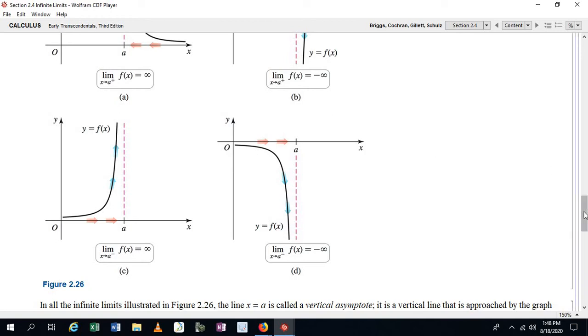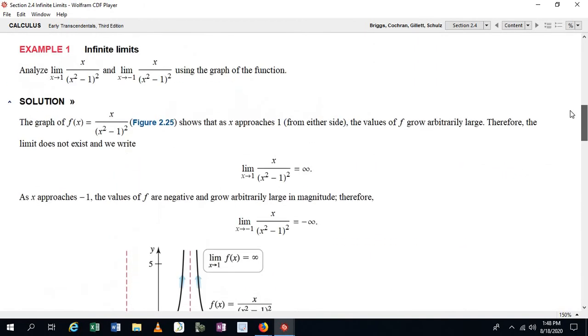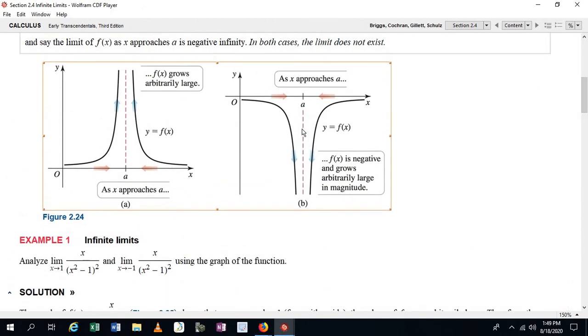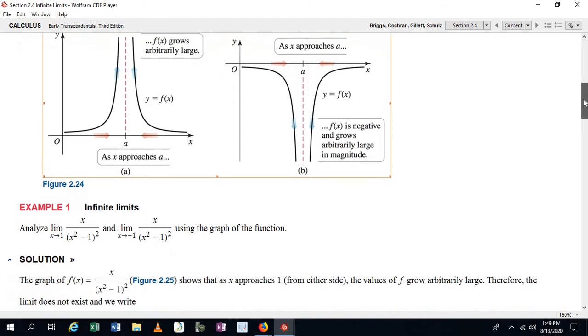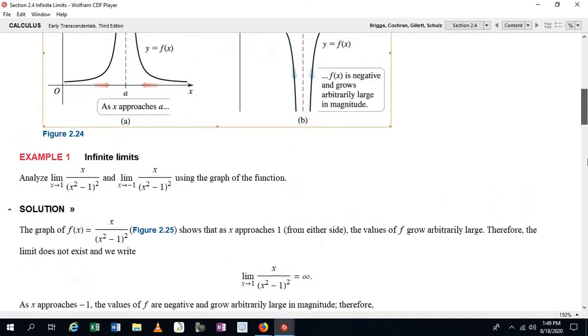So this is really four different examples of infinite limits that are one-sided limits, whereas up here, these are two examples of two-sided infinite limits. So you can have both. Just be aware of that.